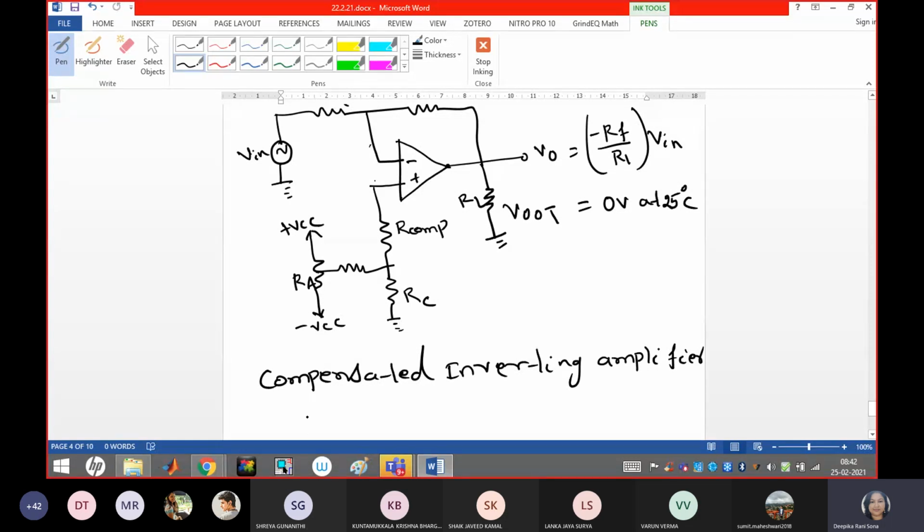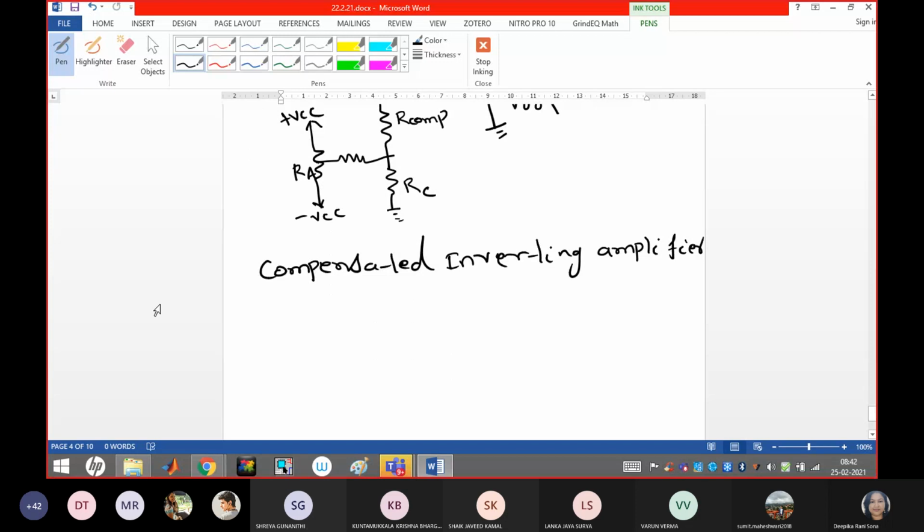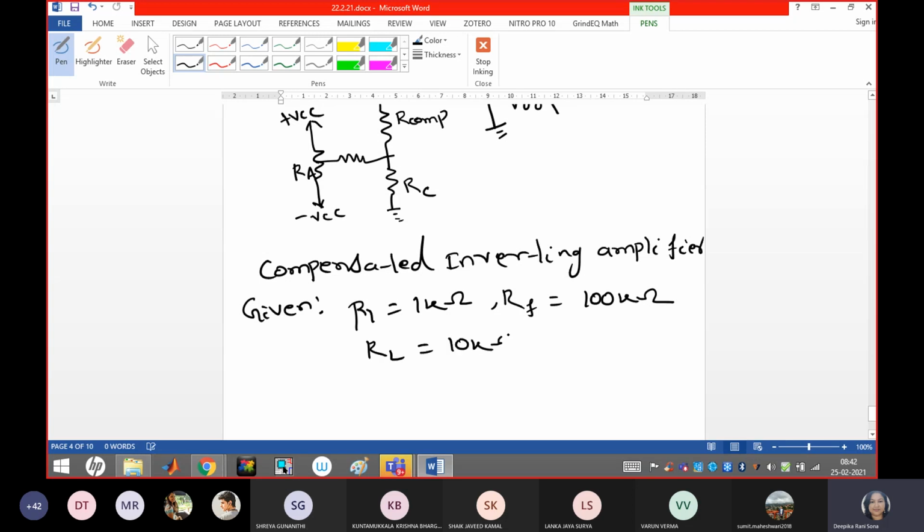So what are the data given for this question, guys? Given parameters are R1 equal to 1 kilo ohm, RF equal to 100 kilo ohm, RL equal to 10 kilo ohm, and for LH0041C, this type of op-amp, no?